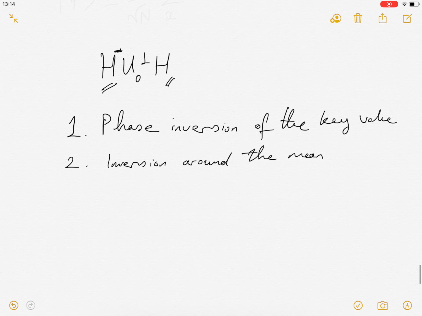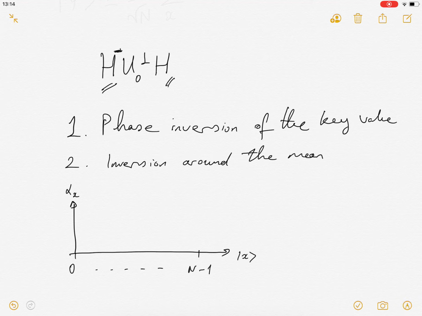Let me draw a graph. So we start with psi, and suppose that the y-axis denotes the amplitudes, alpha x. The x-axis denotes the basis states from 0 up to n minus 1.